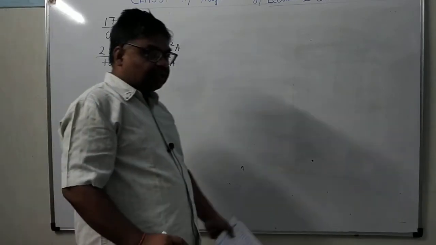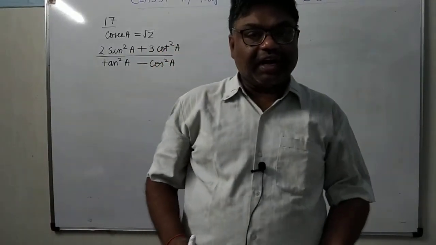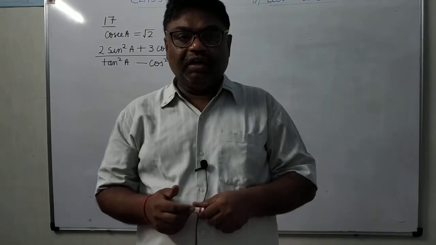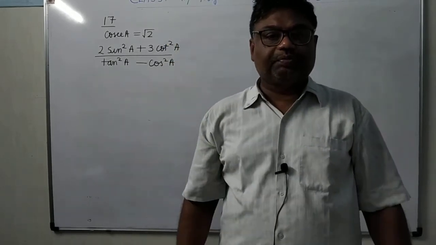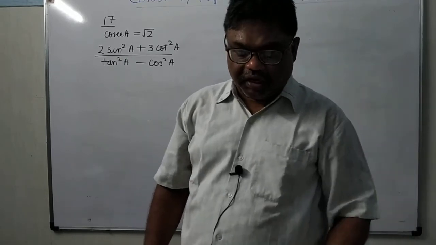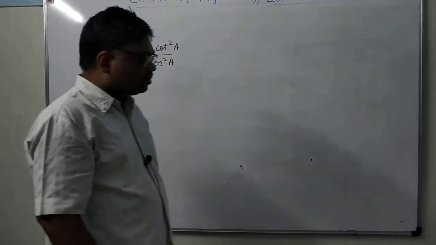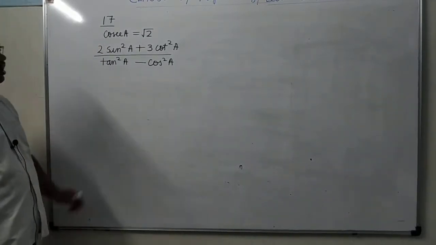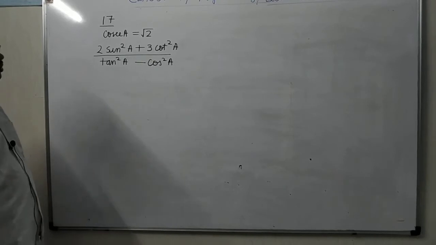Now question number 9 to question number 19 can be done by two ways. One which I am going to explain, the other also I will explain. In that you have to make the triangle. So first you see here, cosec A is given, and you have to find the value of this expression.